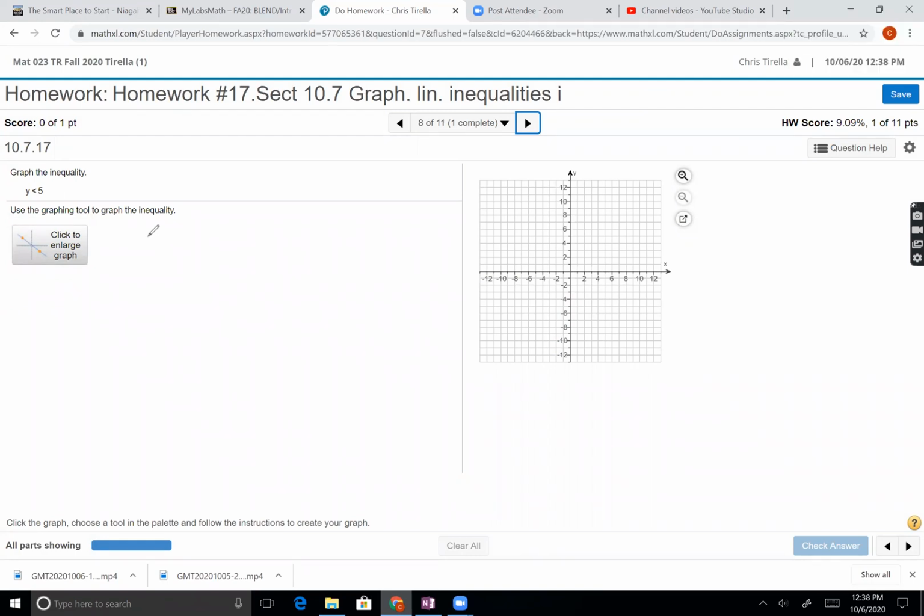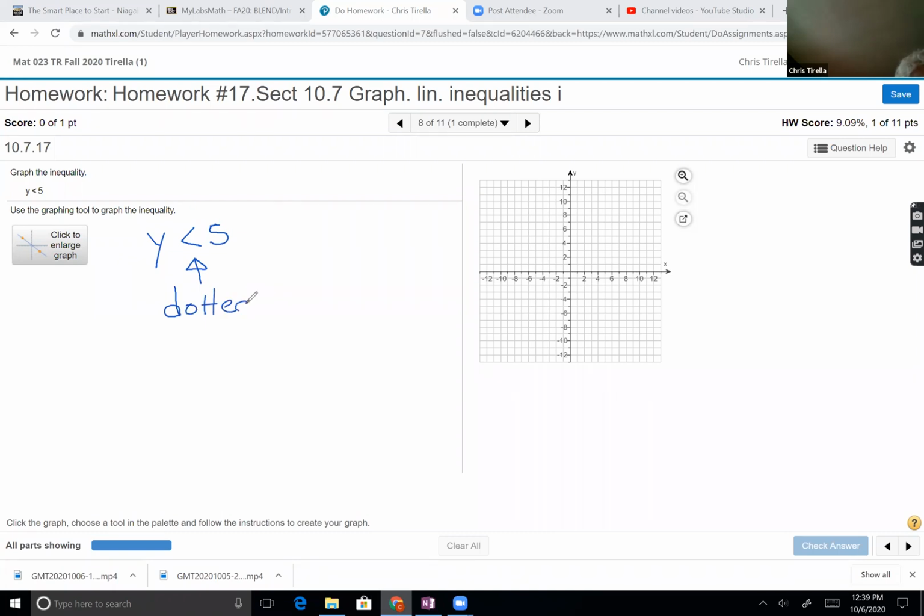This one, we've got y is less than 5. First of all, I'm looking at that symbol of equality and I have to say solid or dotted. Dotted. If there's no equal sign, it's going to be dotted. Then I have to find my line, and my line would be where y is equal to 5.